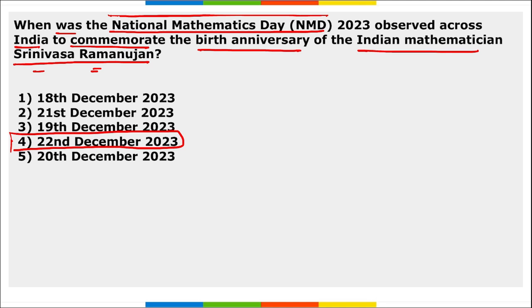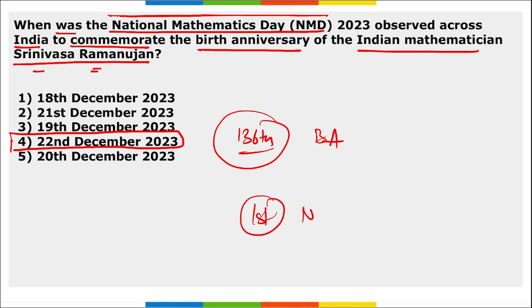Right? Take a note of this. This year in 2023, it was the 136th birth anniversary of S. Ramanujan. Correct? And the first ever National Mathematics Day was observed in the year 2012.